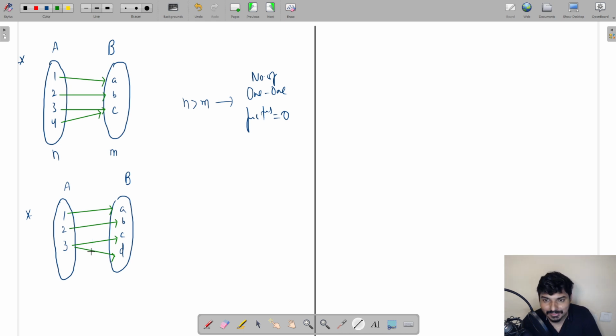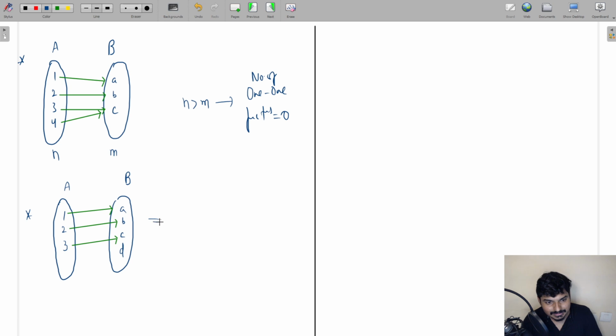So this will not be a function. So I can say that it's not going to be possible. We can say whenever the second set is going to contain more elements than the first set, in that case, the number of onto functions is simply going to be 0, guys.